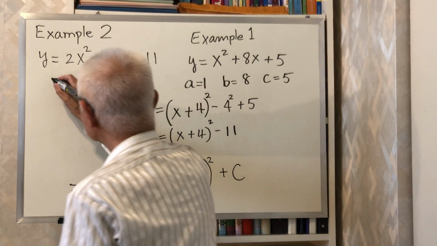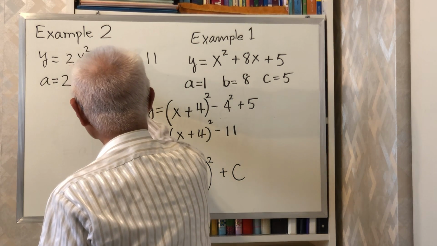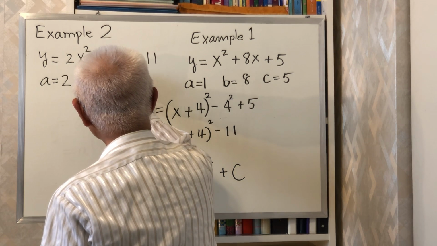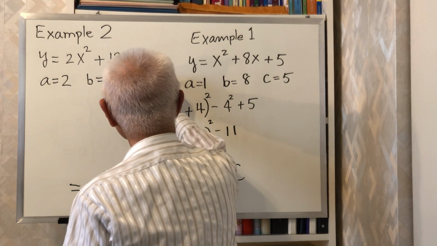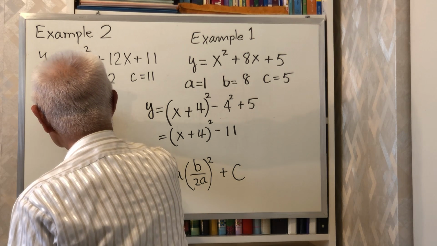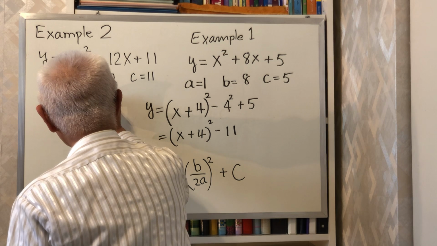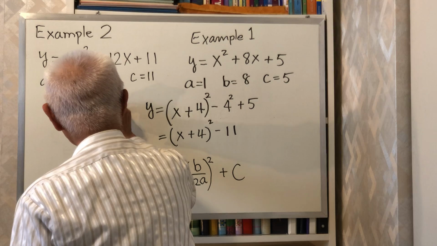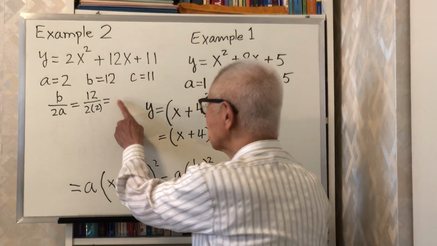For this, a is 2, b is 12, c is 11. So what is b over 2a? It is 12 over 2 times 2, which is 12 over 4, which is 3.